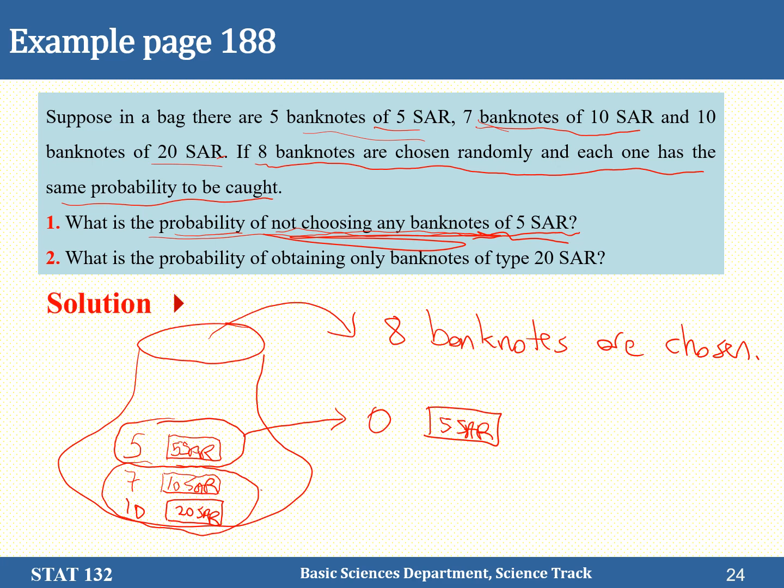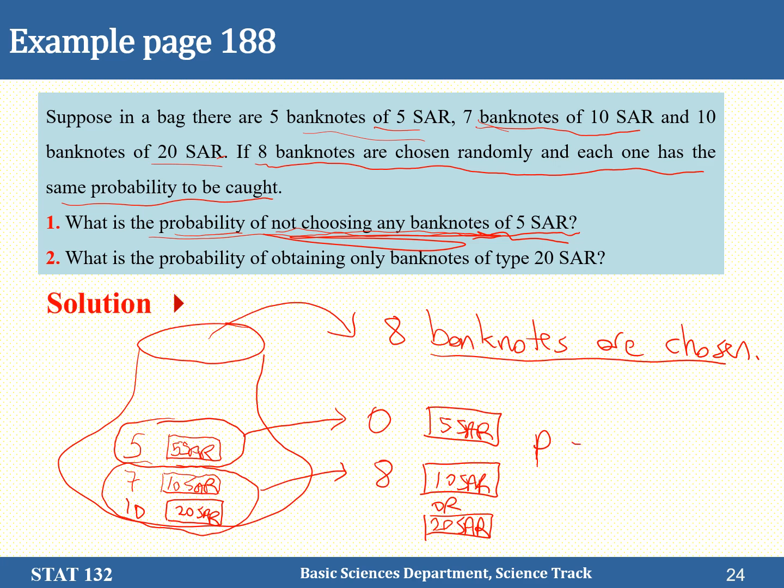And here, if 8 banknotes are chosen, so 0 5 reals, then 8 of 10 real or 20 real, it will be. So in this case, the probability of choosing 0 of 5 real is this then.